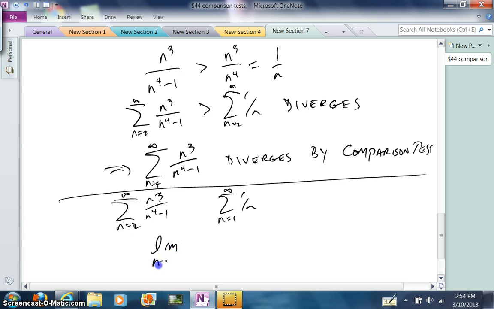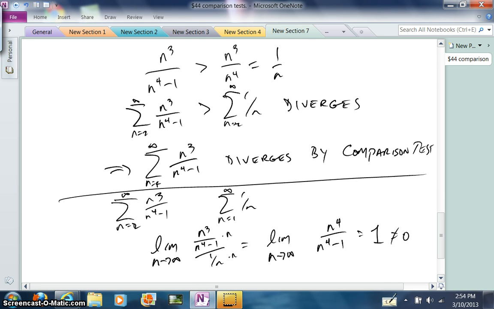So I'll do the limit as n goes to infinity of n cubed over n to the 4th minus 1 over 1 over n. And to clean that up, I'm going to multiply top and bottom by n. It gives me the limit as n goes to infinity of n to the 4th over n to the 4th minus 1. That's equal to 1, which is not equal to 0.